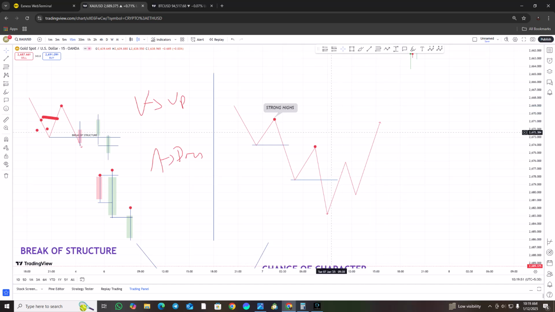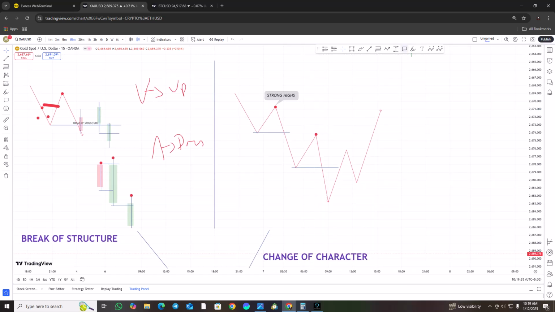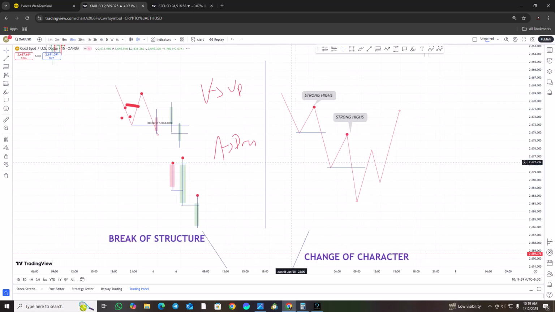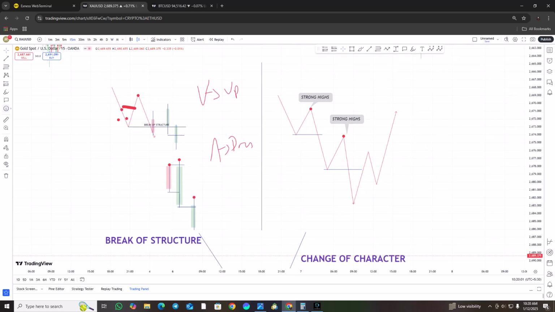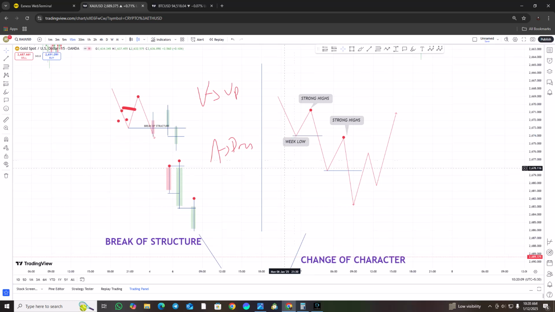Okay, these are called strong highs. Whichever is here is called weak low. Weak low. Why is this called strong highs and weak low?